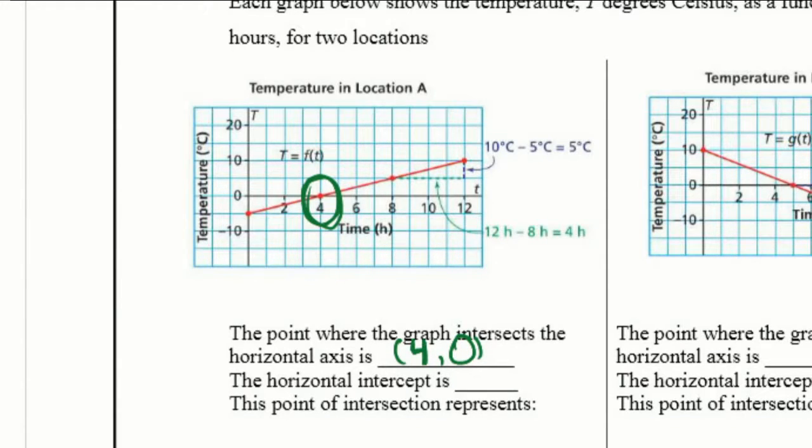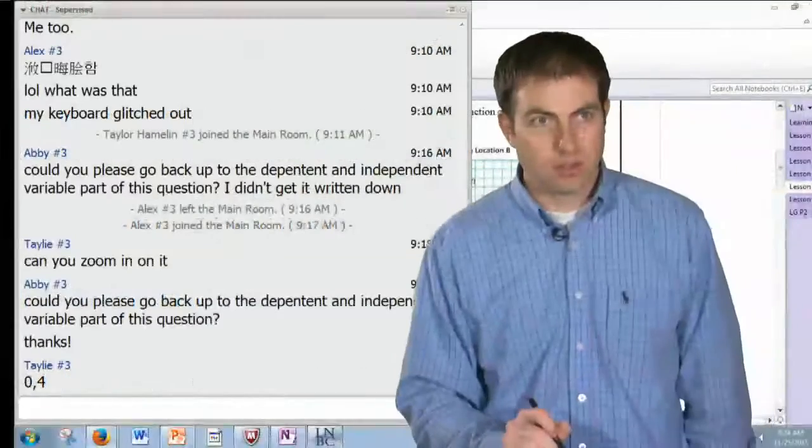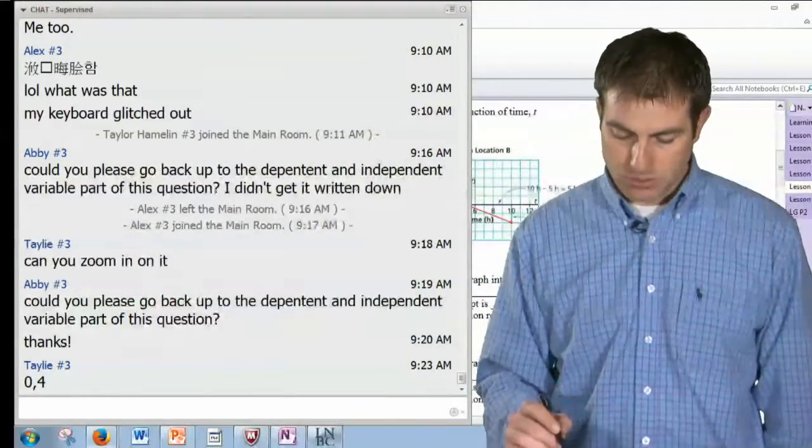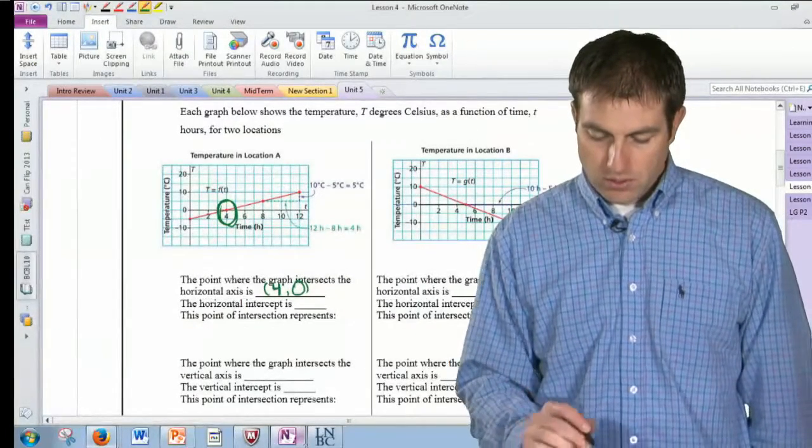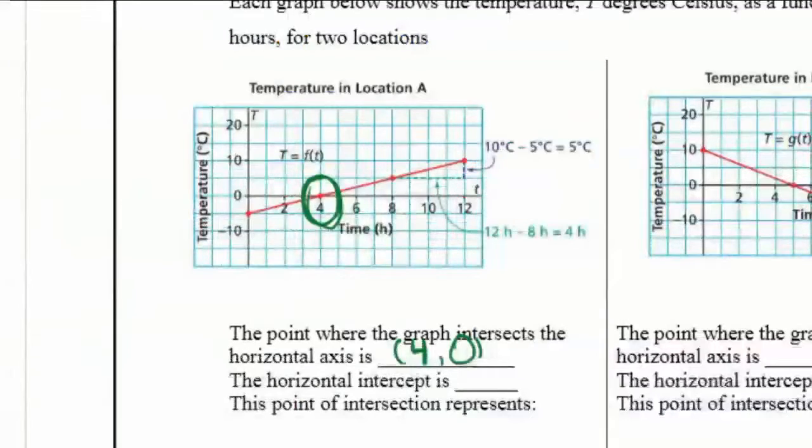Taylor, you were right, you just got them backwards. We always go x first, then y second. So that is right, though. Got it mixed up. The horizontal intercept is, so if we're just asking where does it cross that horizontal axis, we're going to say 4. So just 4.